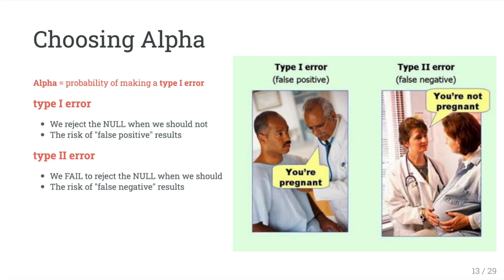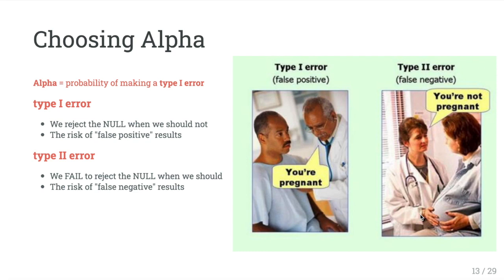Type 2 error is the opposite. It's a false negative. This one is generally when we don't have enough statistical power, which we're going to talk about in this unit. It's usually because our sample is too small or the effect is really small. And so we're going to fail to reject the null. We're going to say there's no effect when there actually is.